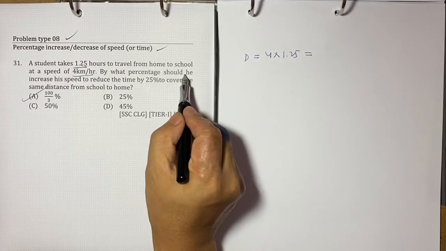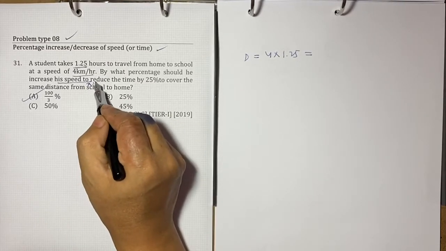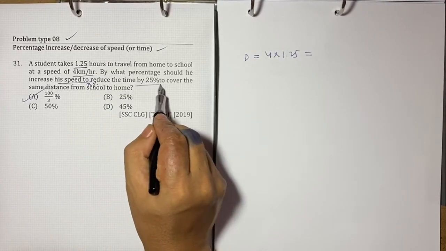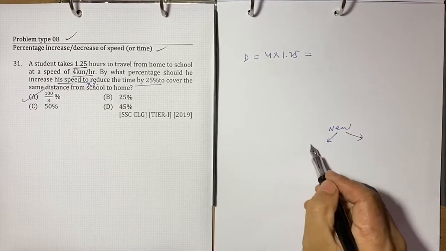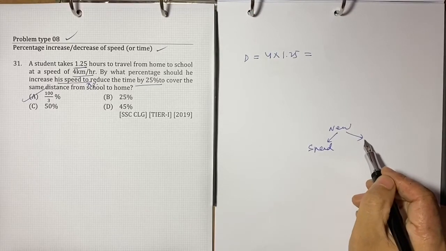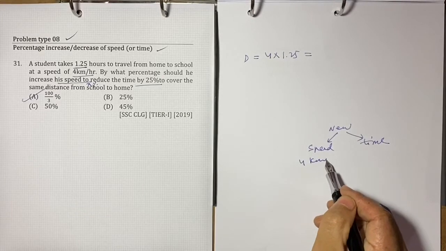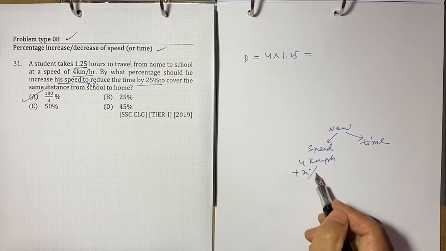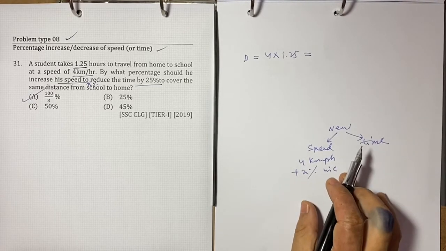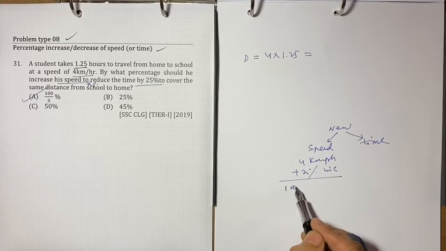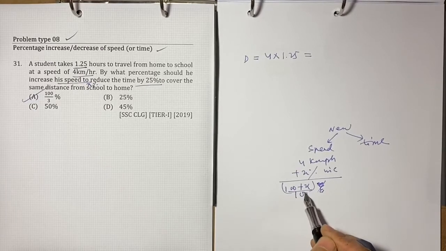By what percent should he increase his speed? Let it be x percent increase, so as to reduce the time by 25%. For the new speed and new time: the speed is 4 km per hour, and with an x percent increase, the new speed is 100 plus x divided by 100 into 4.